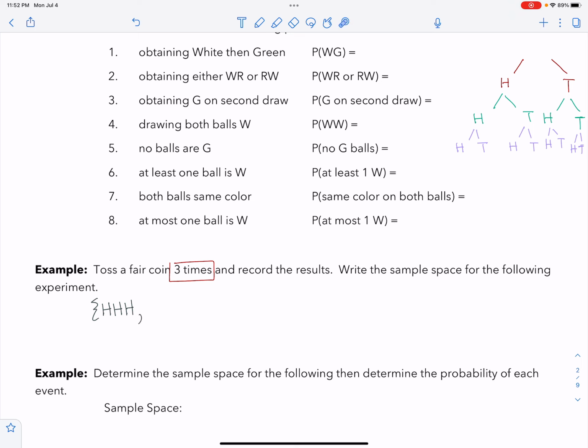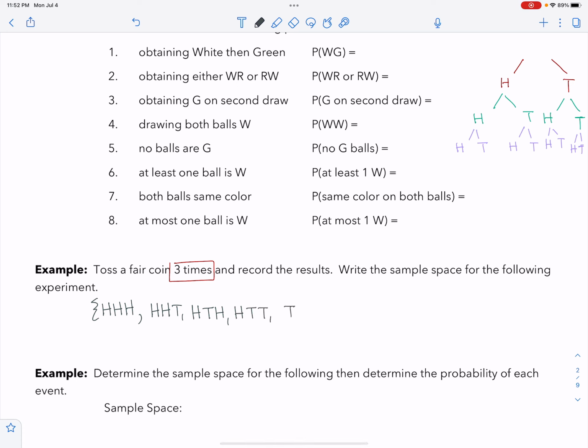The next one would be this next branch, heads, heads, tails. And then I would keep on going, heads, tails, heads. Heads, tails, tails.